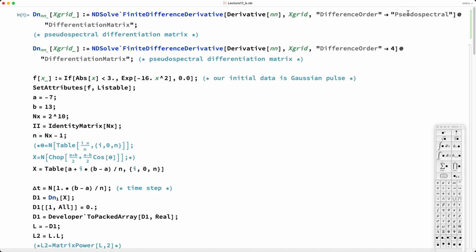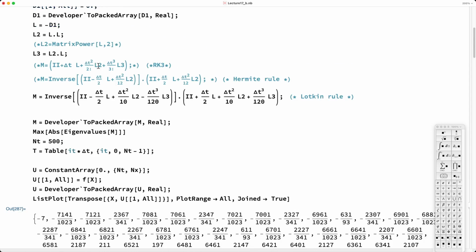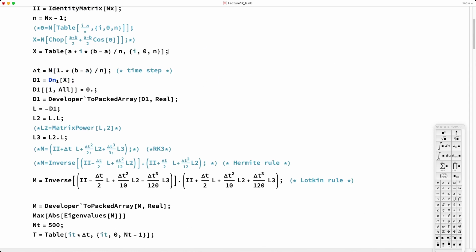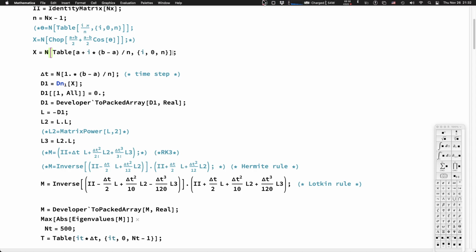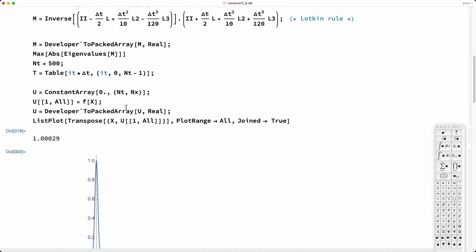Okay, so instead of the pseudospectral matrix, I have the fourth order matrix here. And I better comment out x. And let's convert this to a number. And let's run it.